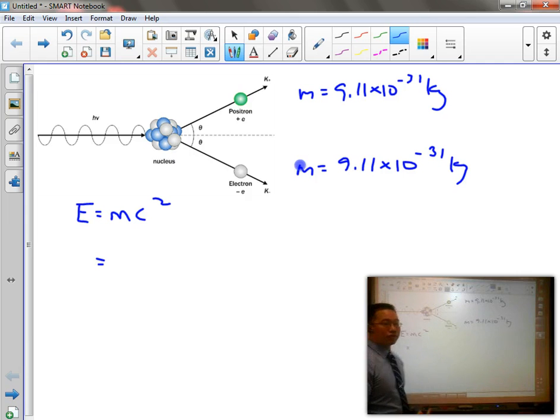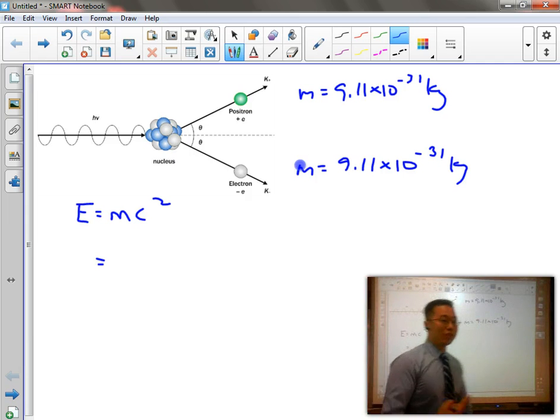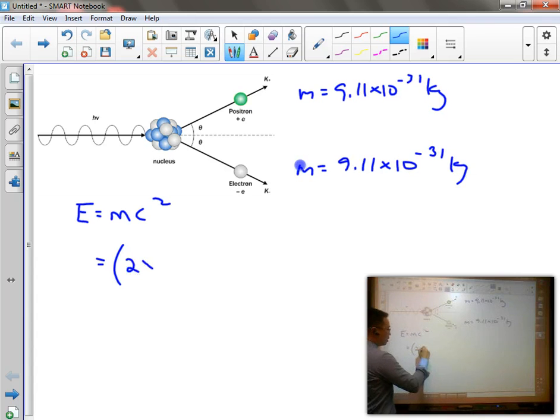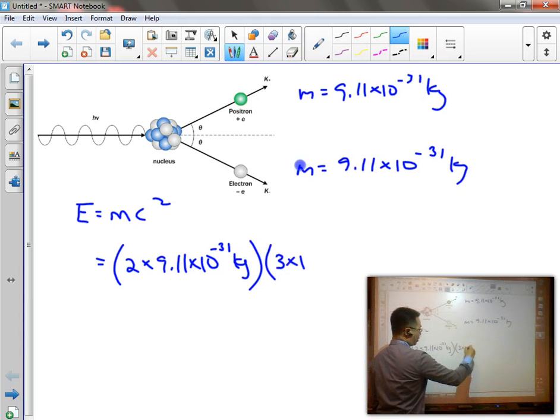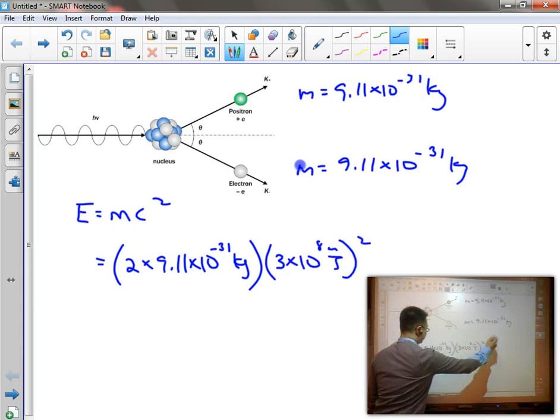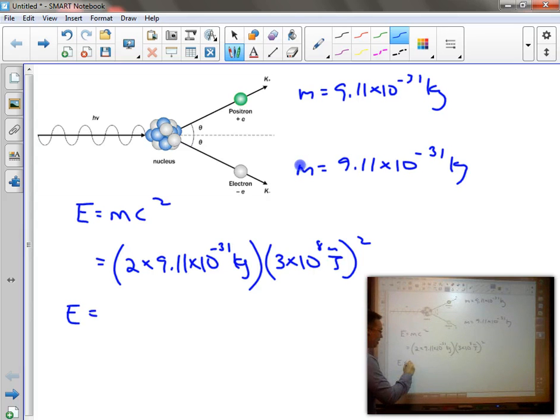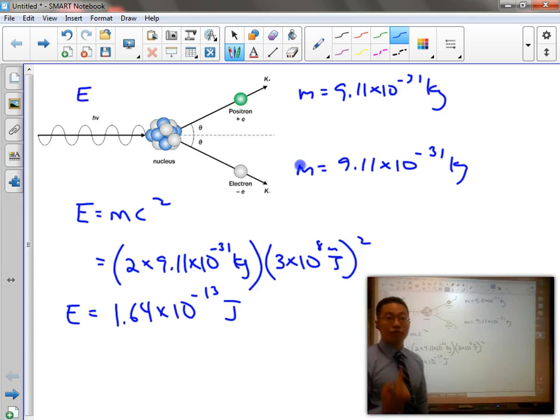In this direct conversion of energy into mass, it's going to create 2 times 9.11 times 10 to the negative 31 kilograms of mass, times the speed of light squared. So the energy that's needed is equal to 1.64 times 10 to the negative 13 joules. So that's how much energy that photon originally had.